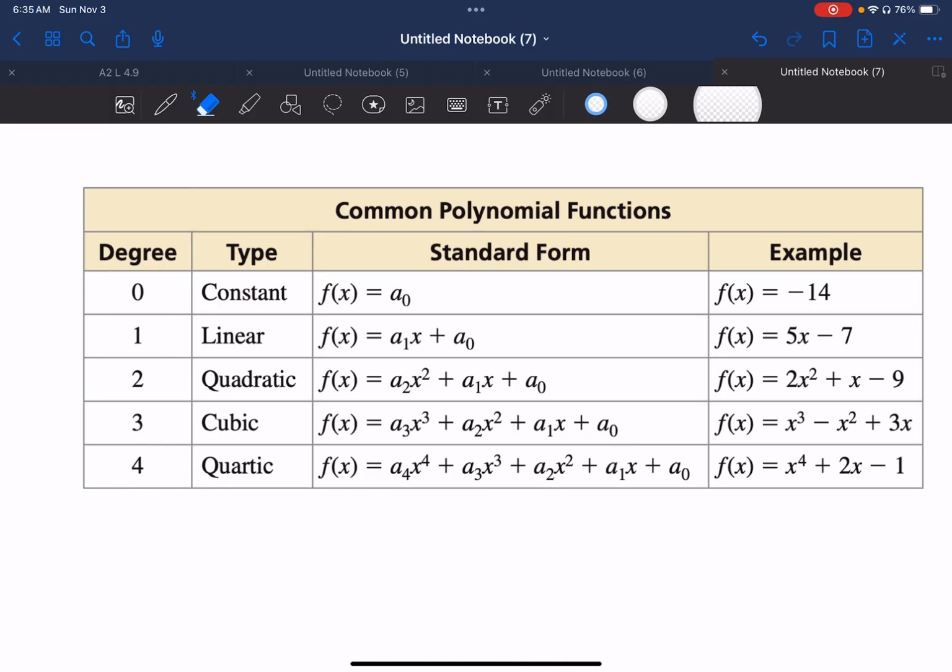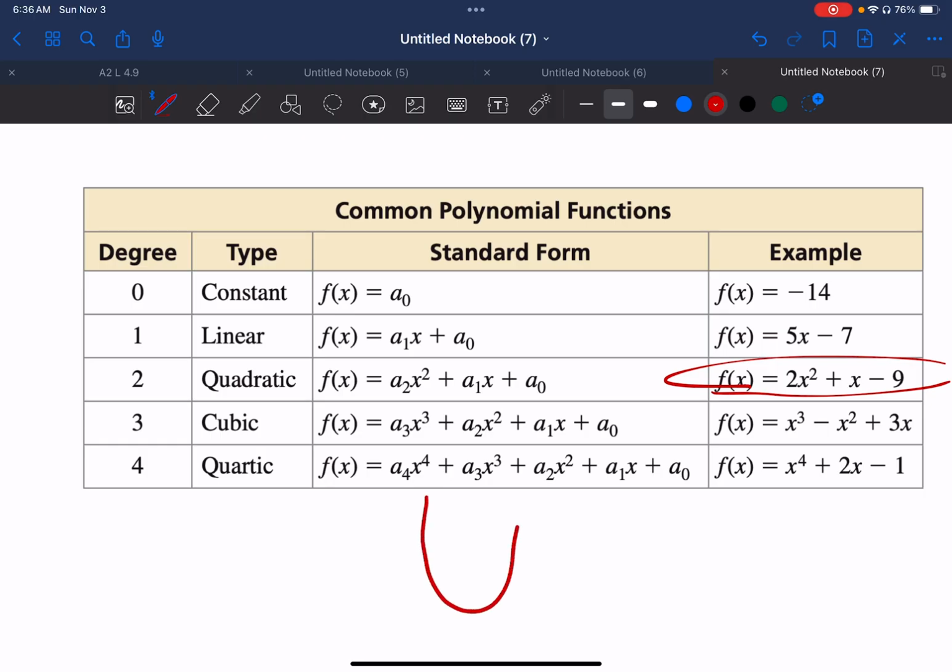Now, if you remember from previous lessons, when we talked about quadratic, we know that a quadratic graph looks something like this. Now, that's only when the leading coefficient is positive. Okay, that's what opens it upwards. And then the other thing that we know about the graph is how many times it crosses that x-axis.